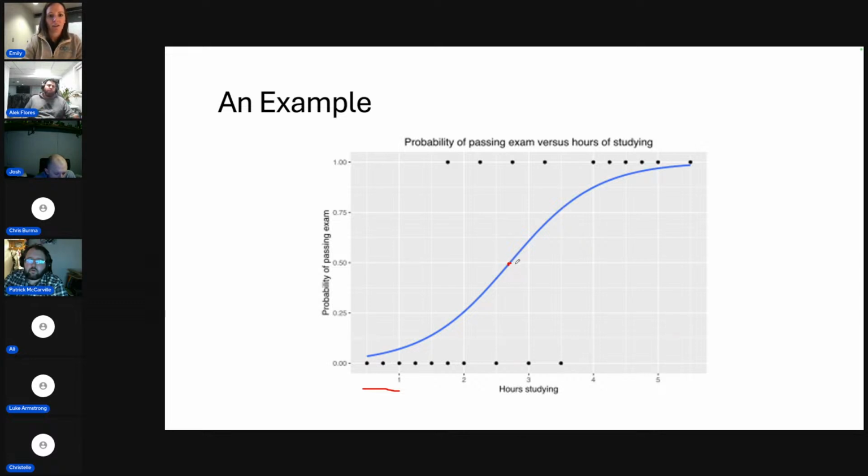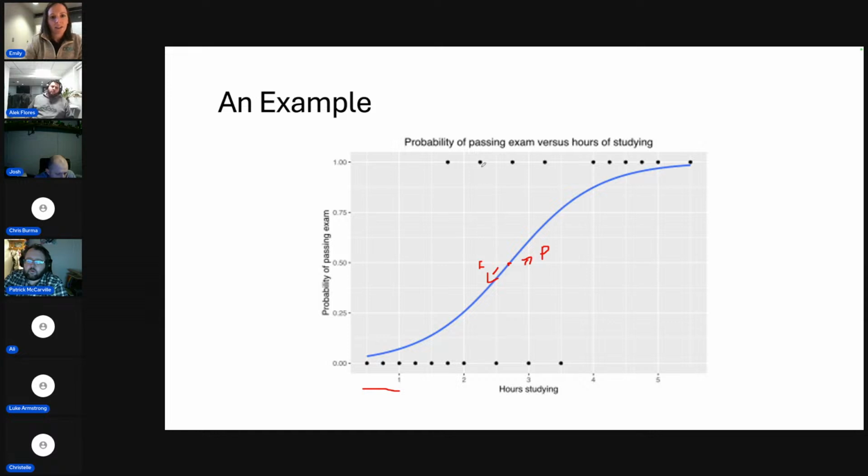Let's say if it's greater than 0.5, we're going to say they passed. We're going to use 0.5 as our threshold. If it's less than 0.5, we're going to say they failed. That's the outcome that the model is going to predict.